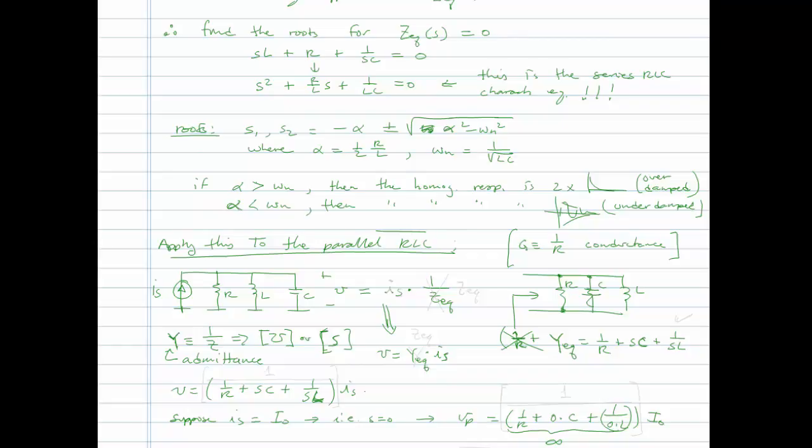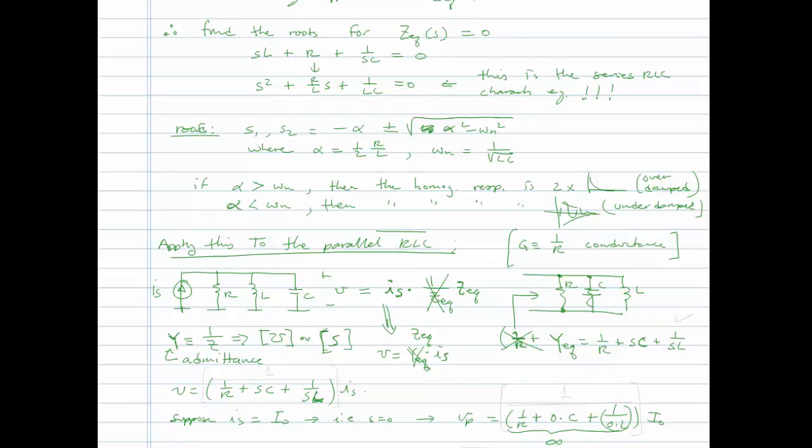And so therefore, okay, I just realized I made a big boo-boo here. Let me go back and correct my mistakes, which you were probably staring at and wondering about as I made them. This is not 1 over Z, right? V is equal to I times Z. So this is Z equivalent. That was wrong. It's Z equivalent.